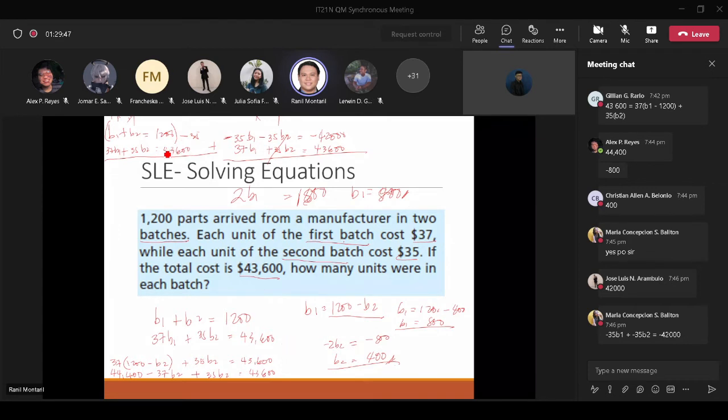Now, if we want to eliminate B1 instead, we multiply the first equation by negative 37 so that it cancels.